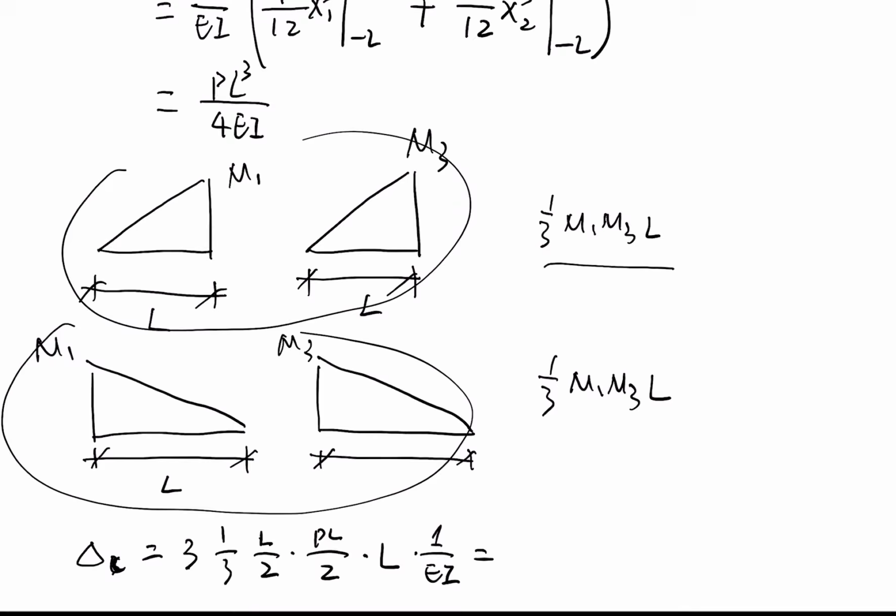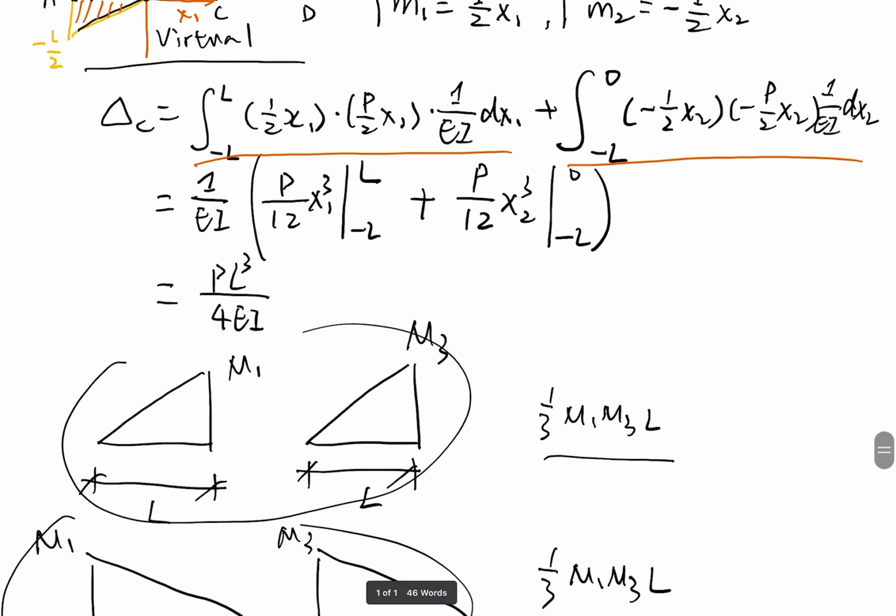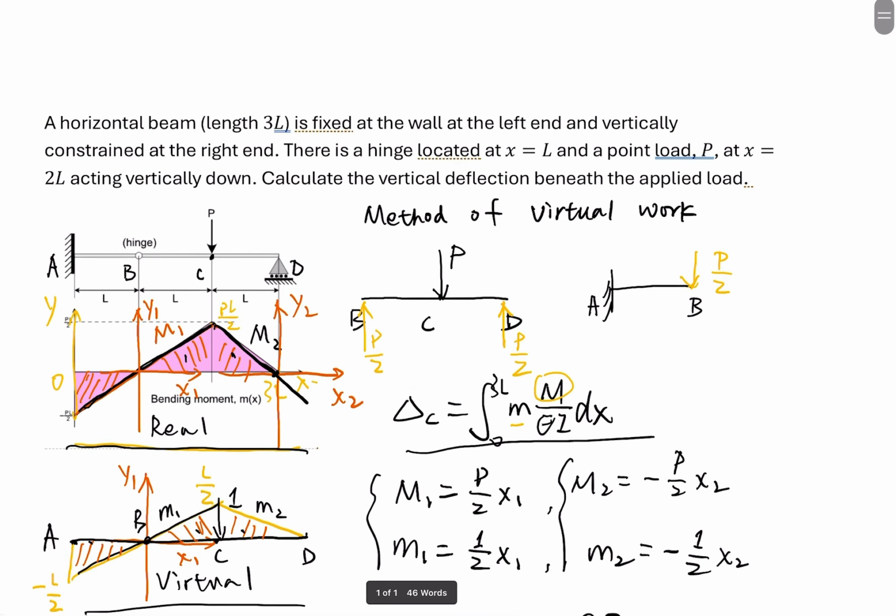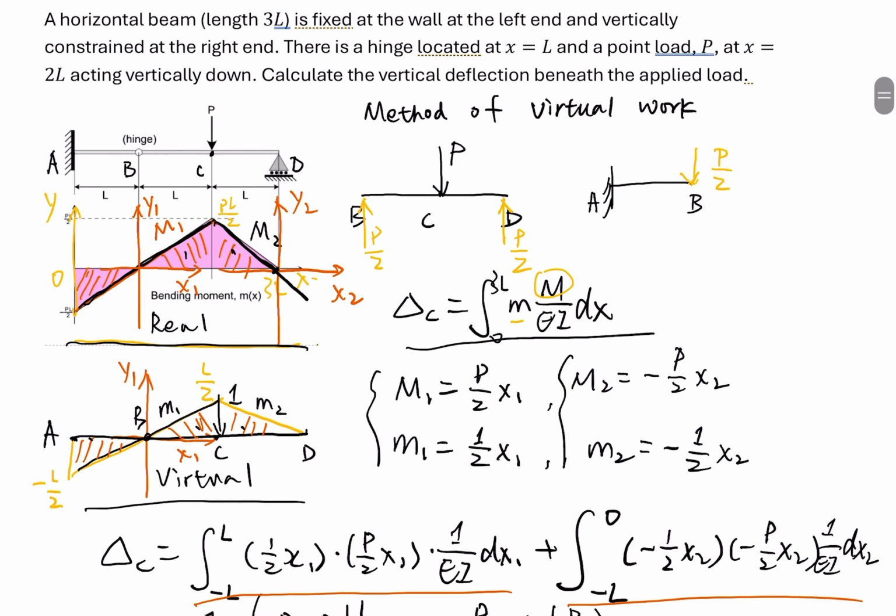So this is the integral, this is the 1 over EI. So we cancel 3, then we get p L cubed over 4EI.